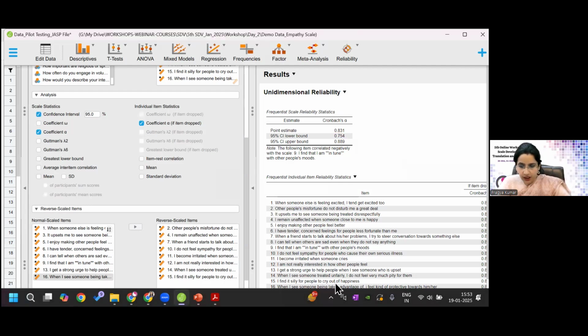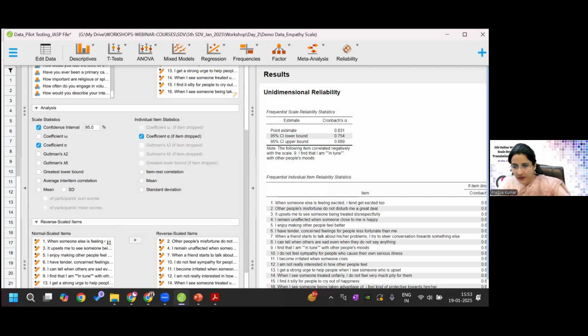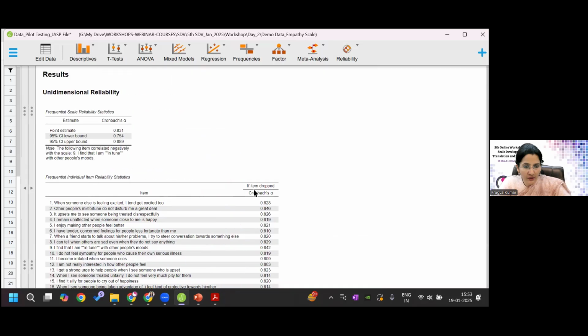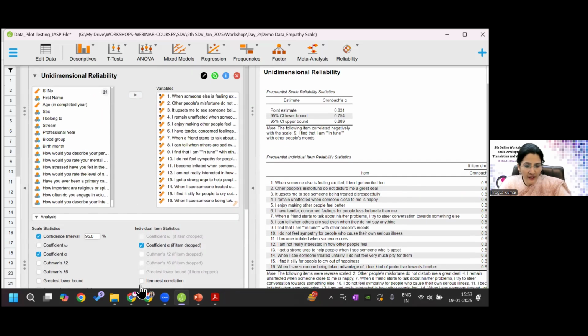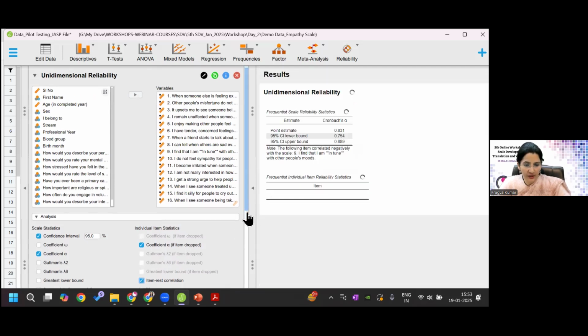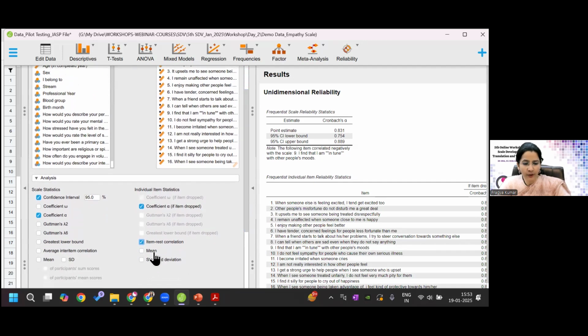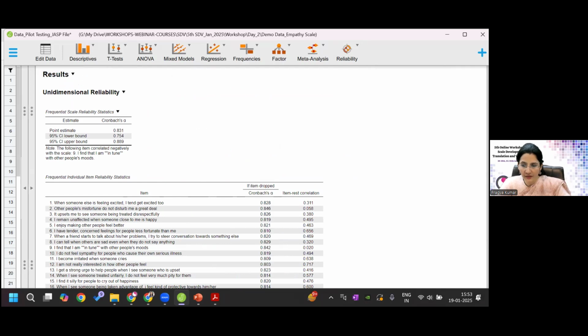Now coming to the other analysis which we were discussing. I will take item-rest correlation also because we need to see this item-rest correlation. I'm not clicking this mean and SD now. Why? Because let me explain these things first.